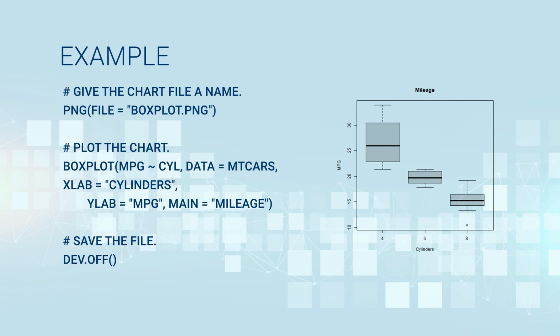Now you can save the file by using dev.off. If you see here, one axis represents the cylinders, and another axis represents miles per gallon, and it also indicates that some cars take more cylinders.